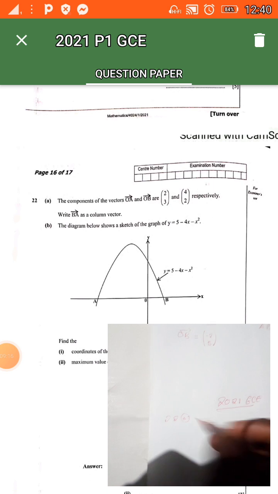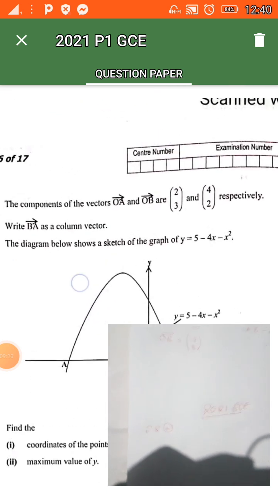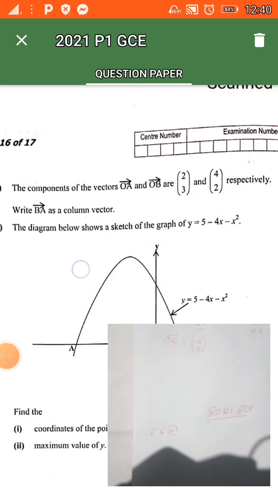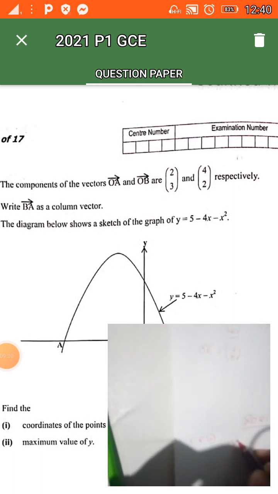The question is saying the components of the vectors OA and OB are 2, 3 and 4, 2. The components have already been given. The column vectors are already given. So respectively, for OA it is 2 over 3, then for OB it is 4 over 2.